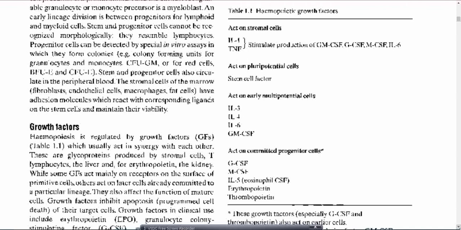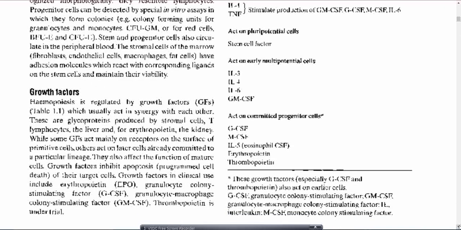Growth factors in clinical use include erythropoietin, which you've heard of for a long time because it is the most used in the production of red blood cells. Another is granulocyte colony stimulating factor, denoted by GCSF, or granulocyte macrophage colony stimulating factor, denoted by GMCSF, or thrombopoietin, which is currently under trial.